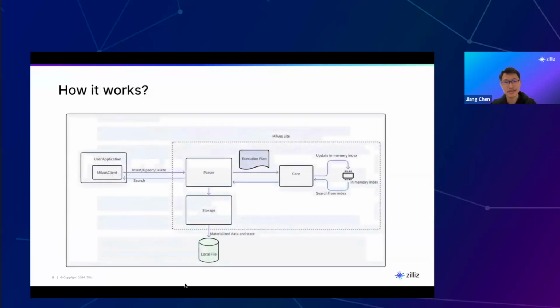So the way it works is we strip off all the heavy lifting components of Milvus that are designed for scalability on distributed systems. If you look at the Milvus architecture before, there are query nodes, data nodes, and Kafka for the message queue.